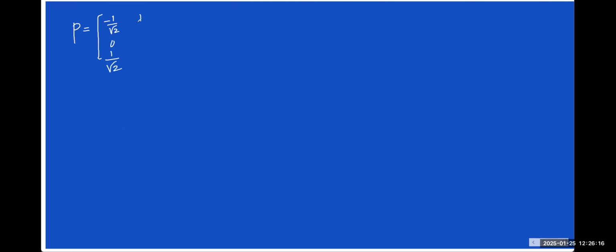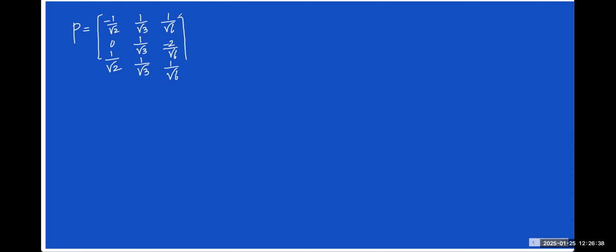This is 1 by root 3, this is also 1 by root 3, also 1 by root 3. And this is 1 by root 6, this is minus 2 by root 6, this is 1 by root 6. This is our value of P.